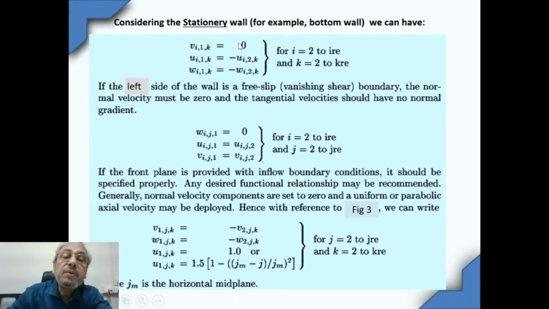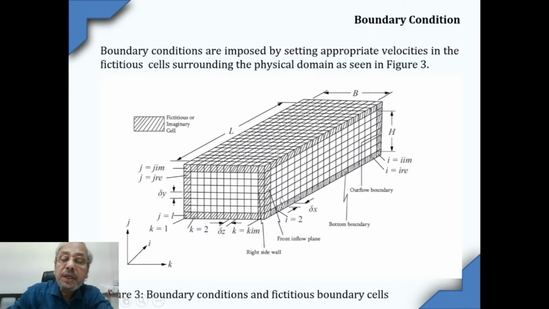u equal to 0. This is the impervious boundary condition. Normal velocity equal to 0, vI1k equal to 0, and u and w, these are tangential components of velocity. So these are to be interpolated with the immediate upper layer of cells in such a way that the bottom boundary is created as a no slip boundary.